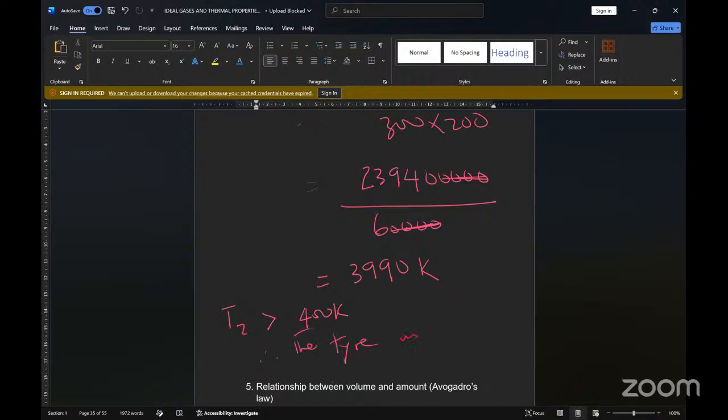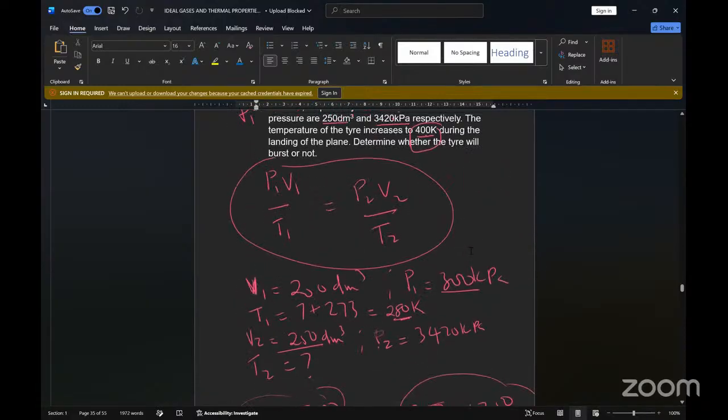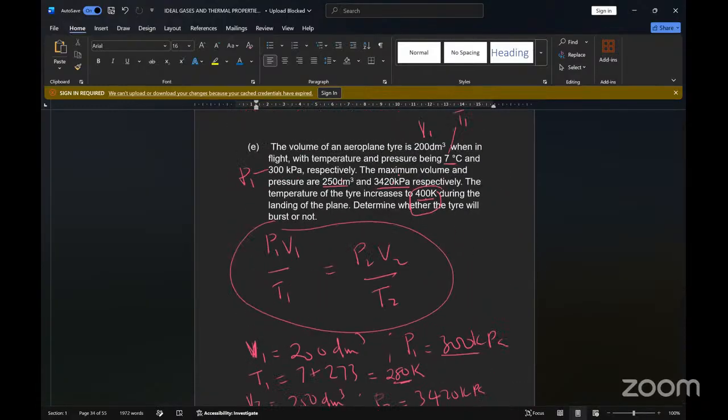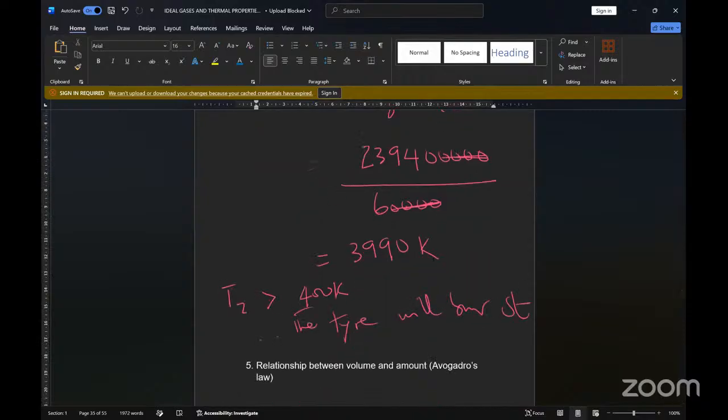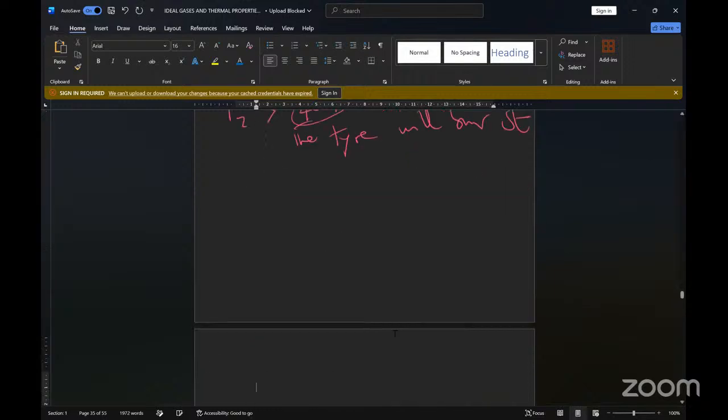The tire will burst because the value here, according to the question, is 400 Kelvin. This is the maximum. This is what happens when it is landing. The temperature increases to this. But by virtue of our calculation, this is what we get, which is way bigger than this. So the tire will burst, something like that. So just take that into account so that when you see a question like that, you don't get alarmed.